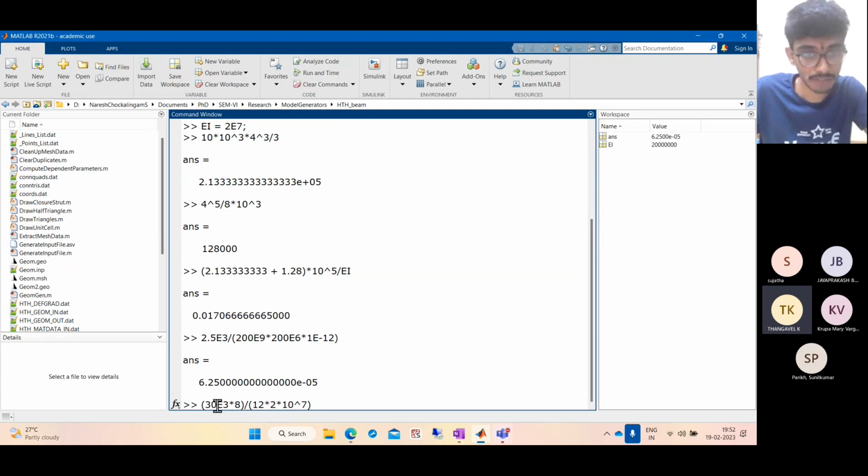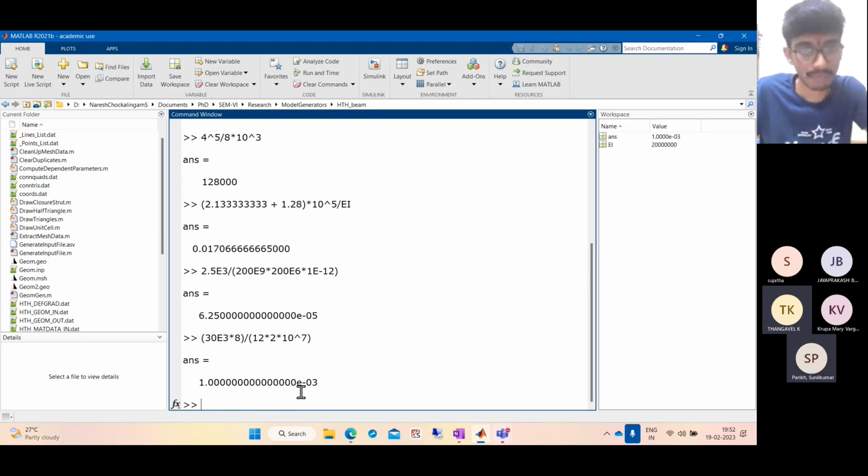Yeah, so PL cube, 2 cube is 8. So the answer is 1 mm.